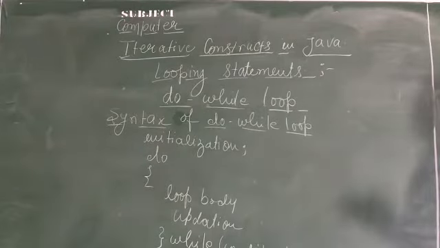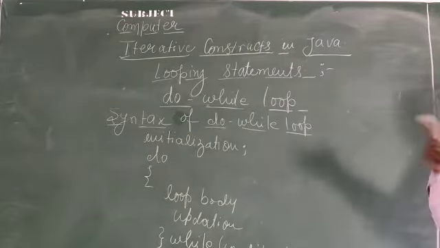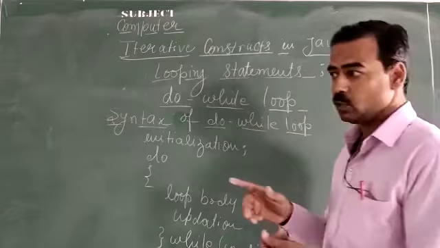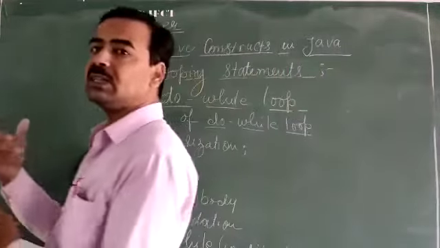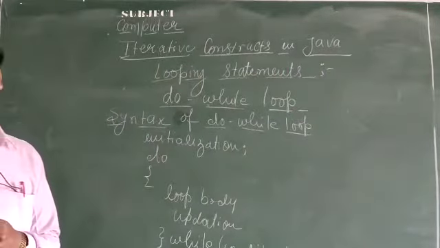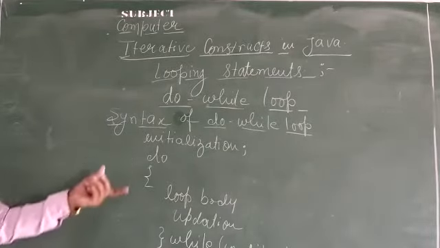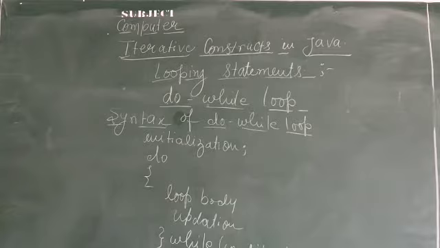What is the difference between while and do while? There will be this question. A question will be asked like, what is the difference between while and do while? With the syntax you come to know the difference.